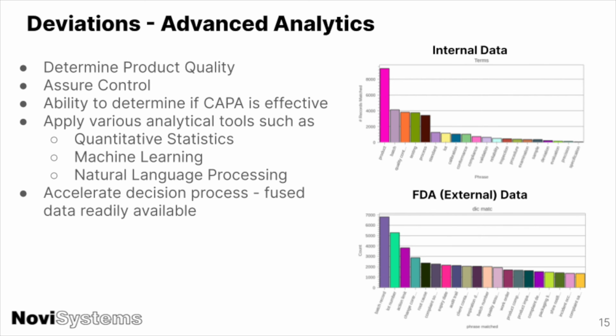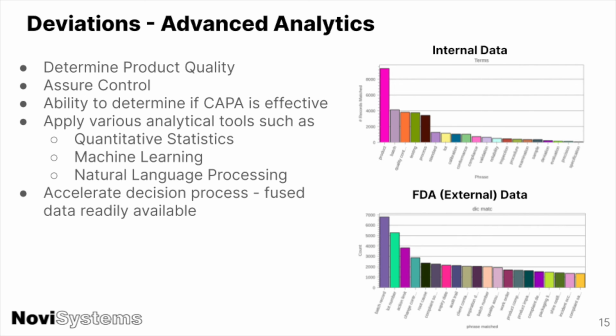The SOPs are slightly different. The one at one site results in more deviations due to operator error than the SOP at the other site. Natural language processing allows me to compare those 2 things and determine what the differences are that I could implement. At the same time, natural language processing can go in and look at deviations that have occurred since the SOP was revised to see whether or not they've occurred again and whether or not that was effective.